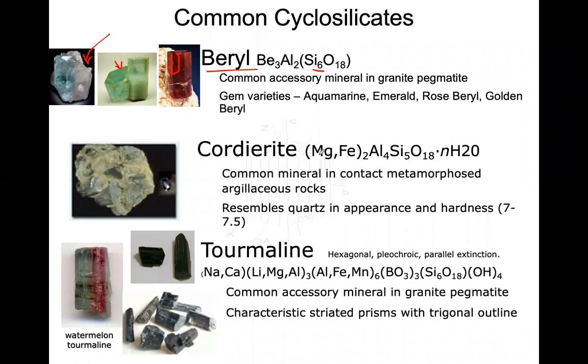So if the protolith is high in iron, magnesium, and aluminium, then your rock will be rich in minerals like cordierite. Okay, so that is the story behind rock forming minerals.